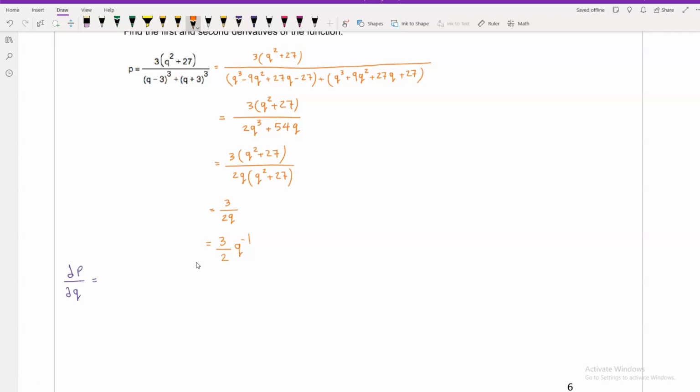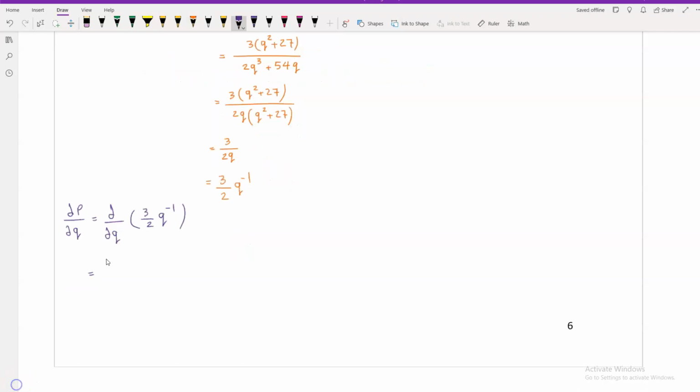Now finding derivative of p with respect to q. So this is equal to 3 divided by 2 times negative 1 times q to the power negative 1 minus 1, so that is negative 2.